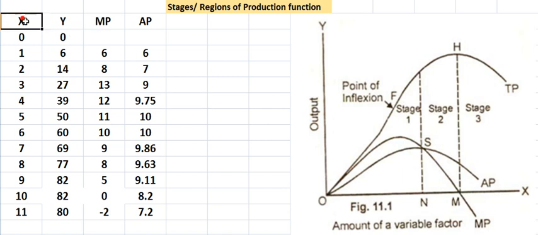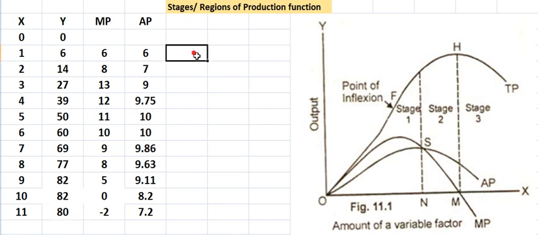So here it is the X, and these are the various levels of input from 0, 1, 2, 3, 4, 5, 6, 7, 8, 9, 10, and 11. Then we have a corresponding output: 6, 14, 27, 39, 50, 60, 69, 77, 82, 82, and 80.